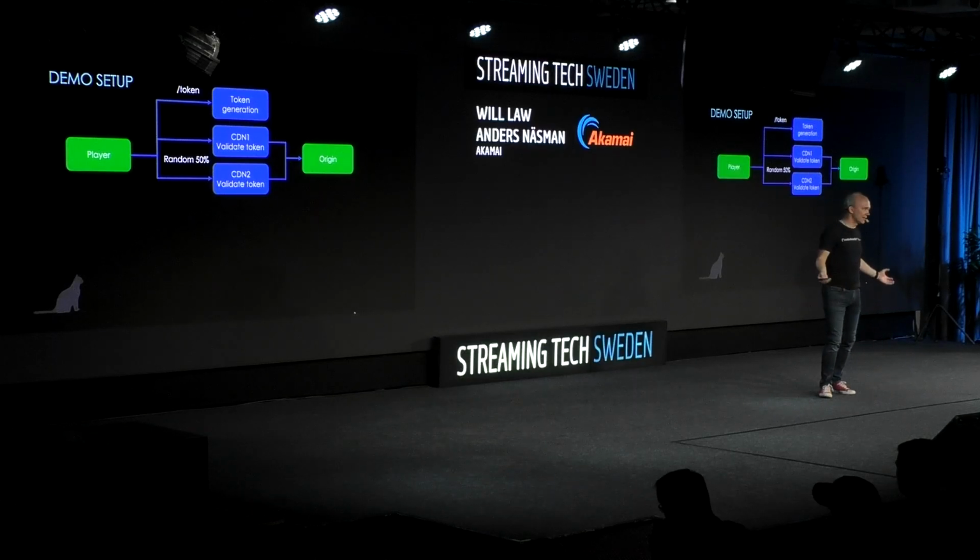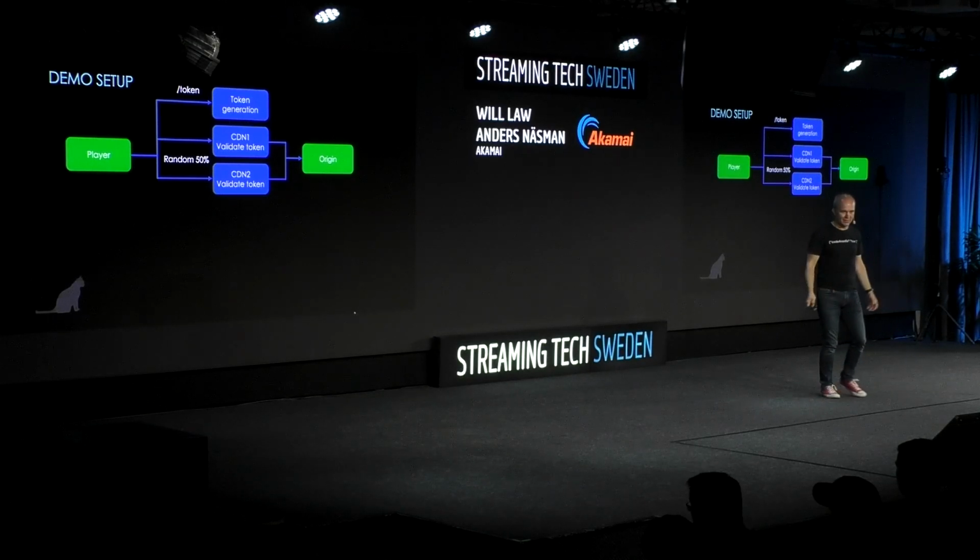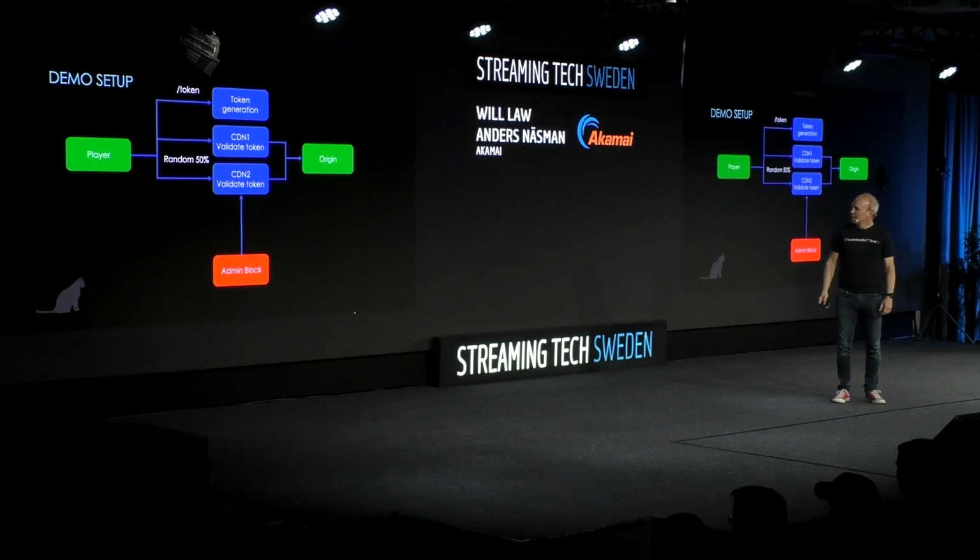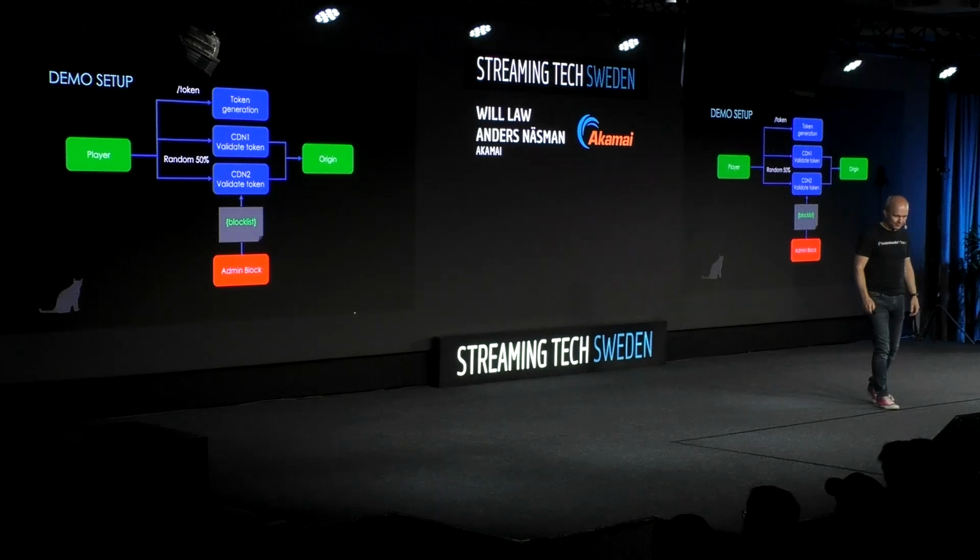So our demo will show how you create a token from the customer side or the client side, but that's not really how you do it. You do it on your CMS. And then, well, already talked about the CDN. We validate the token. We go to the origin. But also, we do randomness. So we switch between CDNs. And finally, we're going to try to block these tokens as well.